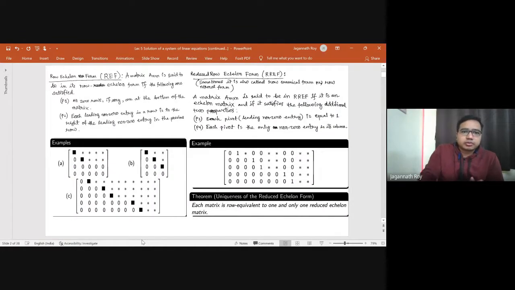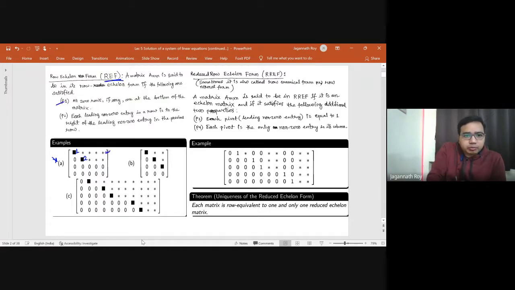Okay. Now just to recall, what is a row echelon form? Row echelon form will have three possible structures. Whatever we have, this can be 1, this can be 2 also. So that is why we are not putting anything else, and the other entries will be of this form.